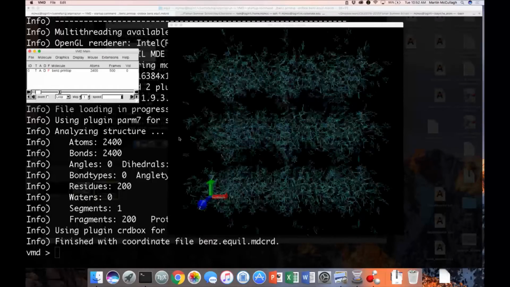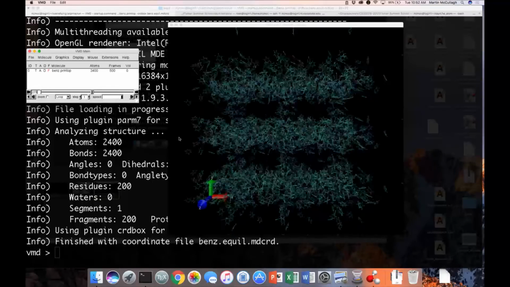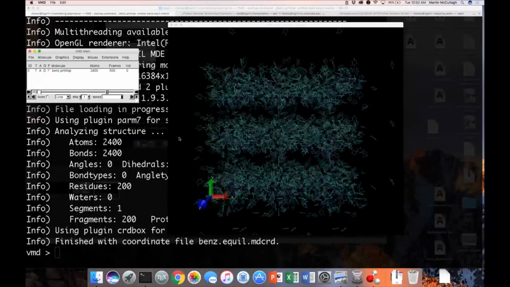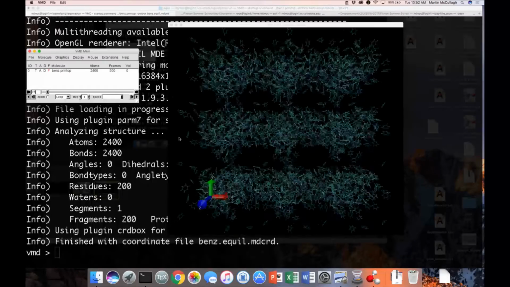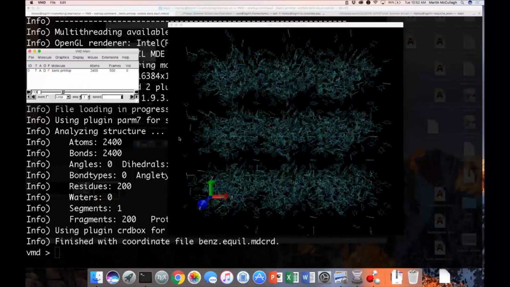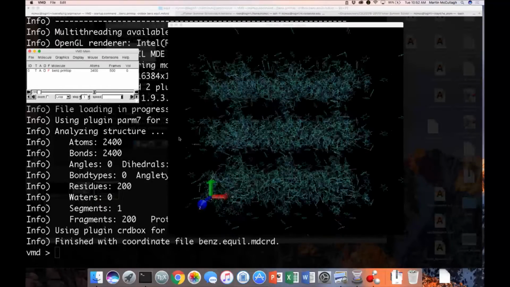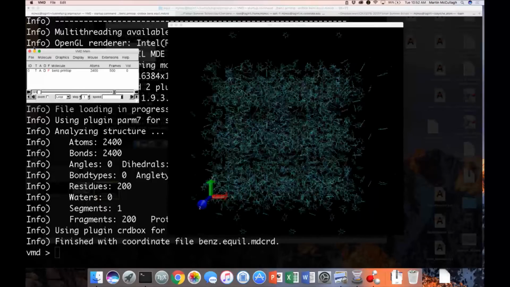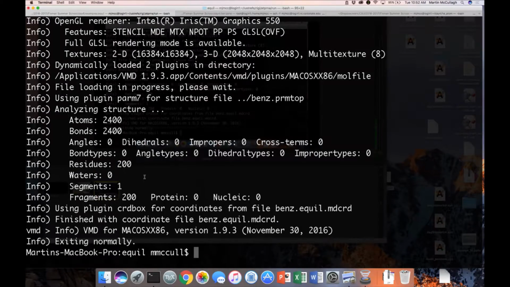So that's one of the reasons it's so spread out initially, and then you can see it come together to form what looks like a homogeneous liquid. Now when you look at this, you may go, well, okay, I'm done. But let's see a little bit more how we determine whether or not it's equilibrated.